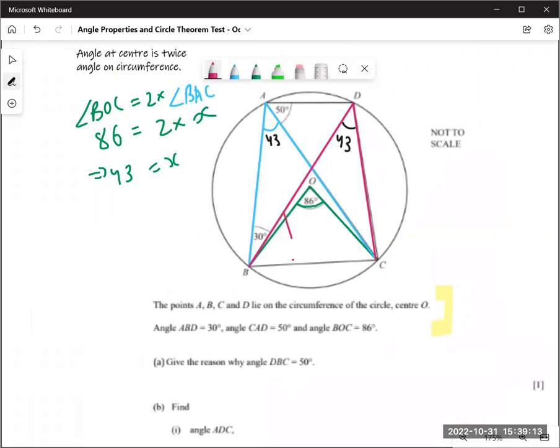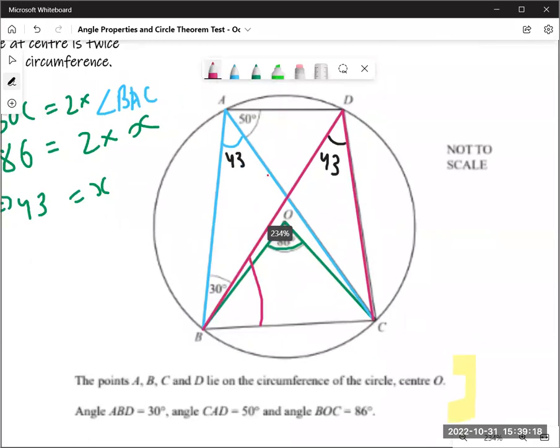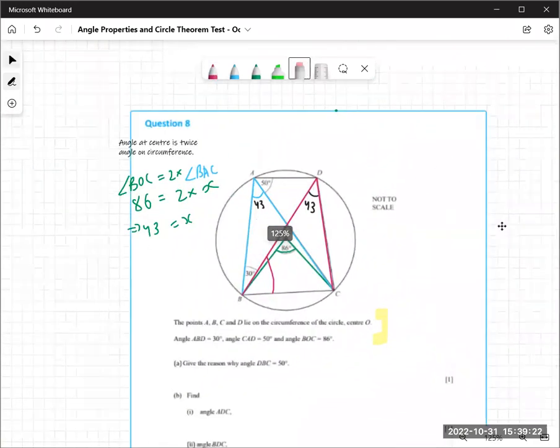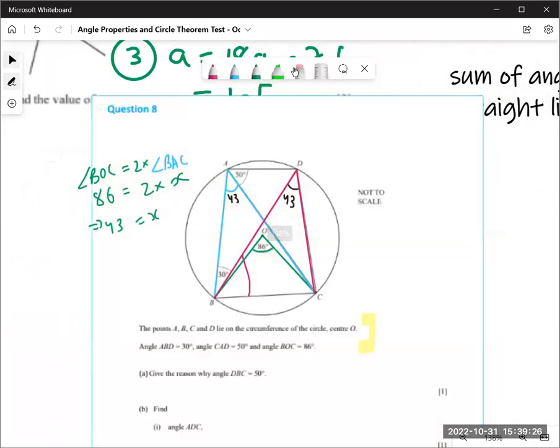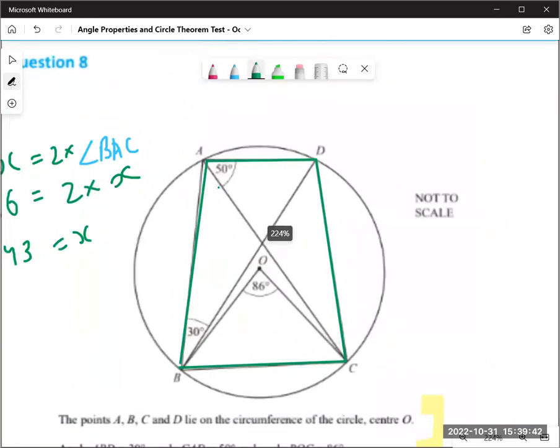This angle right here, right? That one. Now, Luna, if I draw the same shape again right here, can you tell me if this is a cyclic quadrilateral? This shape. Is that a cyclic quadrilateral? Najla, yes, it is a cyclic quadrilateral. Now I know that this is 43.